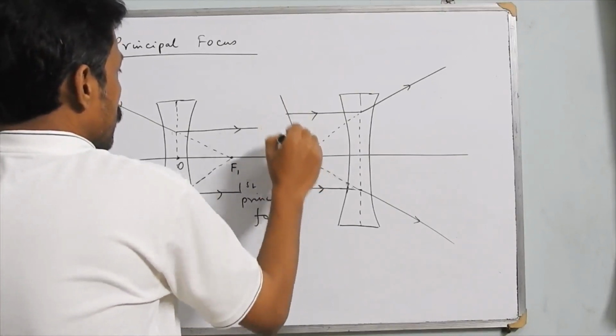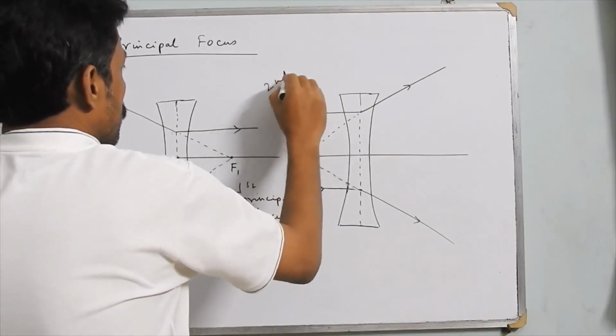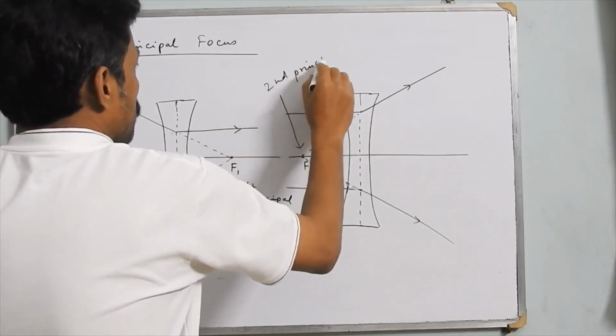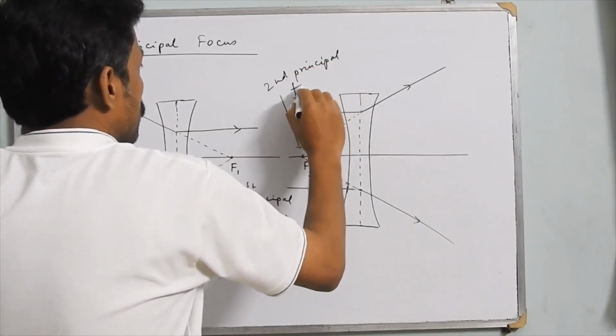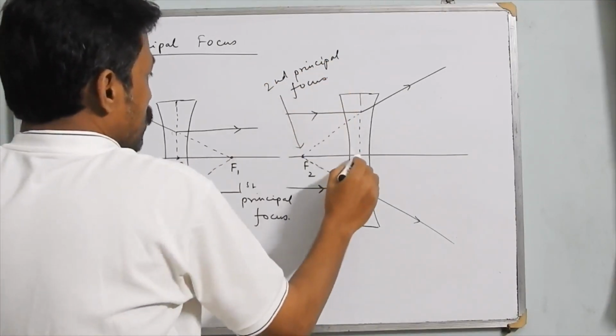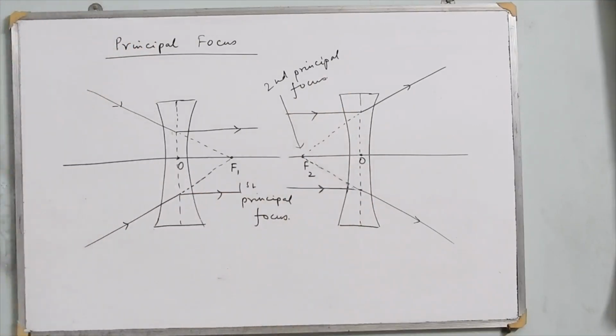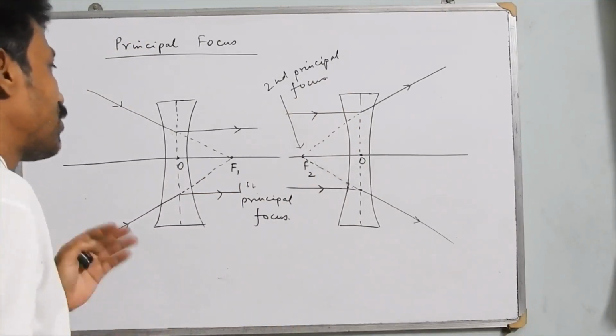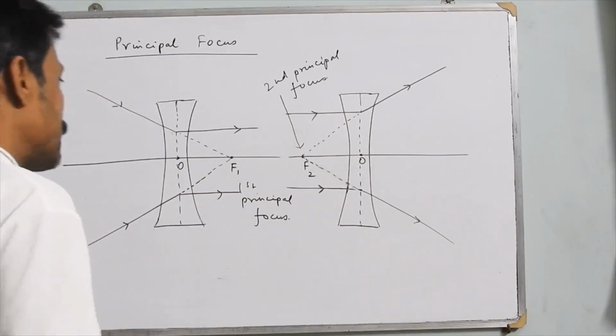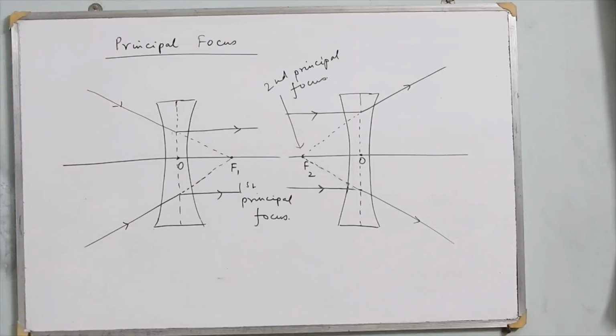That describes the diverging action of the lens. The distance from the optical center to this point F2 is called the second principal focal length. Again I repeat, if you just say focus of a lens or focal length of a lens, it simply means the second principal focus or the second principal focal length of the lens.